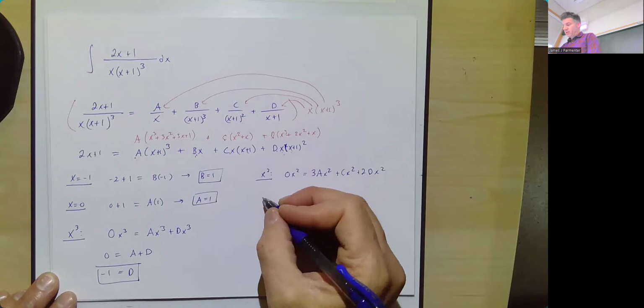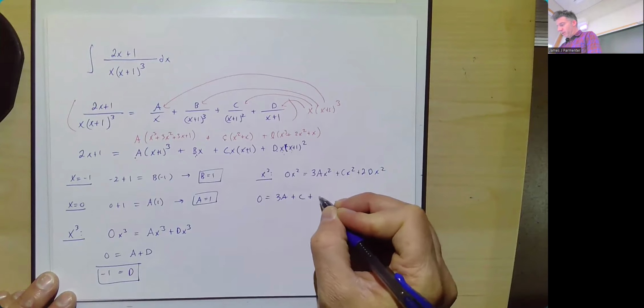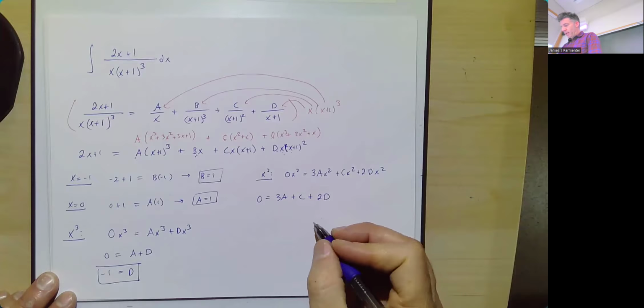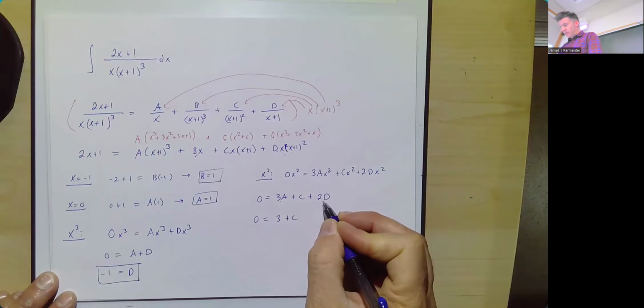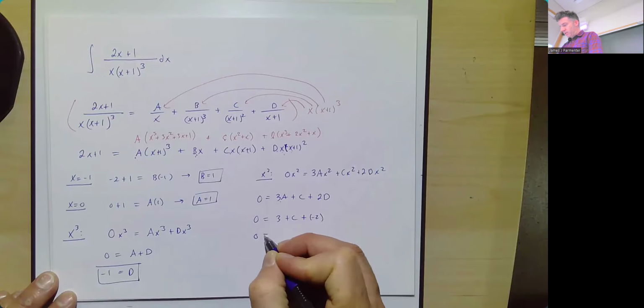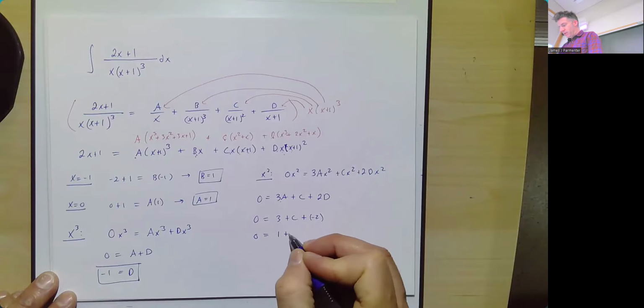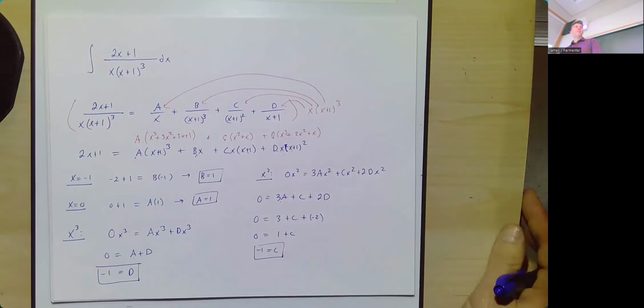In other words, 0 should equal 3a plus c plus 2d. I know that a equals 1. I know that d equals -1. So 0 equals 3 minus 2 plus c, so c equals -1.